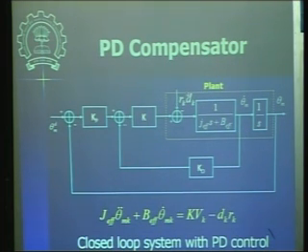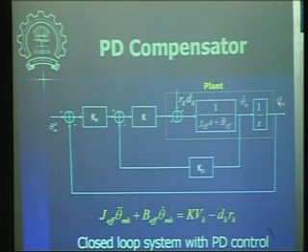It has this disturbance term coming in here, and then this part is the linear part of the equation. This linear part is represented over here by this block and the next integrator block. Here the output is theta dot m, and then you integrate it to get theta m.